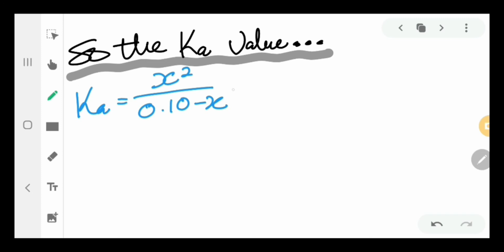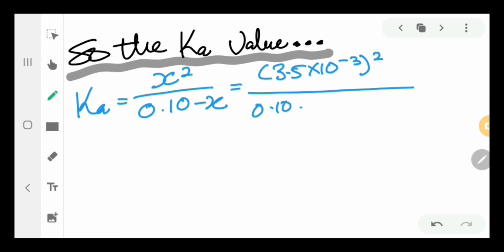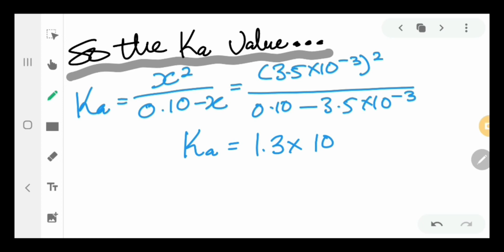So we're just going to plug in the value: (3.5 times 10 to the power of -3) squared over 0.10 minus 3.5 times 10 to the power of -3, and the Ka value that you will get is 1.3 times 10 to the power of -4. Okay, so you get 1 mark.